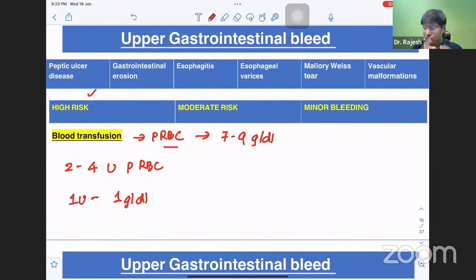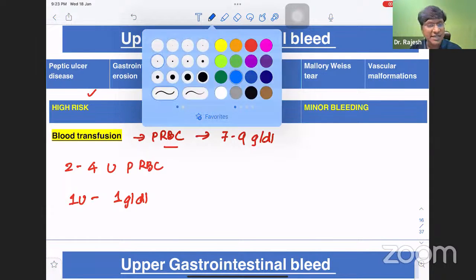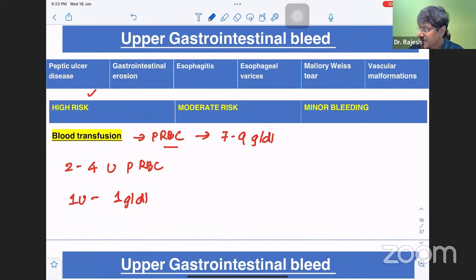Okay, right? And one more important point I'll tell you. The transfusion of blood should not be withheld from patients with massive active bleeding, regardless of hemoglobin value. See, the patient attender may ask you, sir, you have done a complete blood picture in this patient and hemoglobin is like 11 grams per deciliter. Do you want to still give packed RBC? Yes.